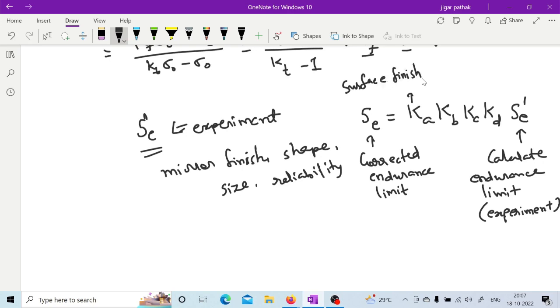As you know, in that component a mirror finish was there, and in actual practice every component does not have a mirror finish, or in some applications it is not even required. So that is the surface finish factor, then this is the size factor. Kc is the reliability factor, and Kd is the modifying factor to account for stress concentration, so it is related to stress concentration.